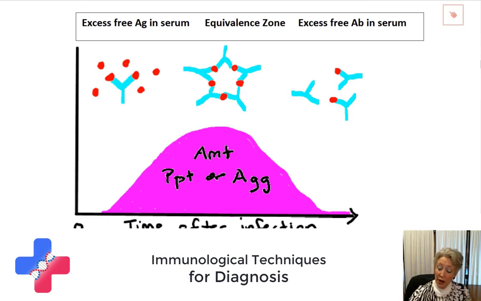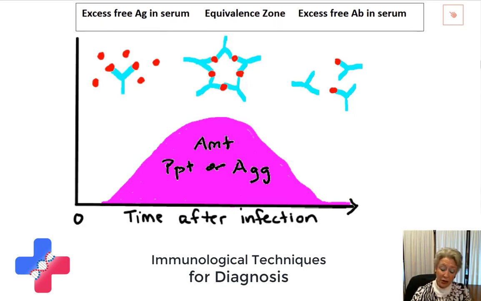And so if I were looking in my patient at the time immediately after exposure to a pathogen, I would expect that I would find molecules of the pathogen's production, and I would not as yet find antibody molecules in response. Because remember, it takes 10 days to 2 weeks to develop a healthy, detectable antibody response.